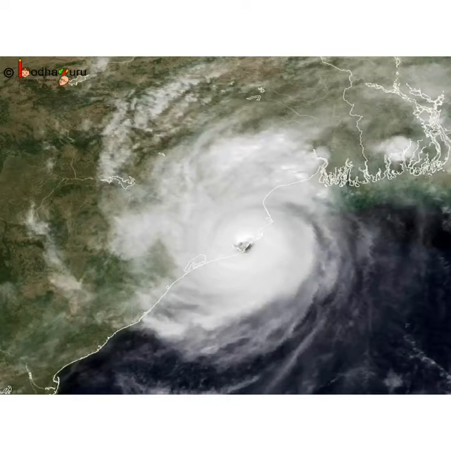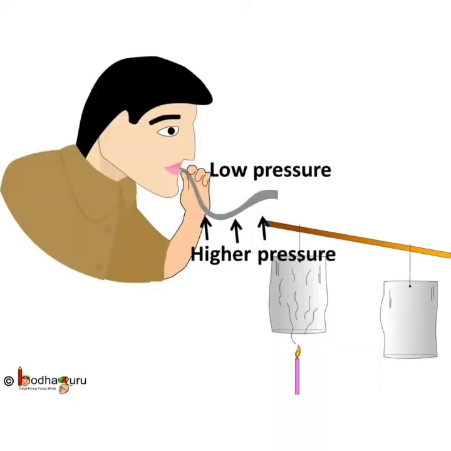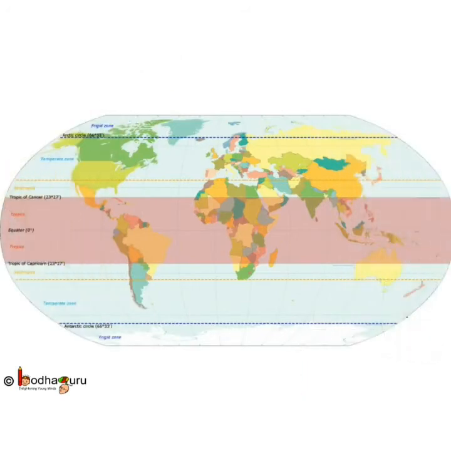Now, you must be thinking, what does a cyclone have to do with it? Well, from these experiments, we can now say that warm air rises up and the difference of air pressure causes wind. And these two points are key in the formation of cyclone. As we know, the sunlight doesn't heat all the regions equally.